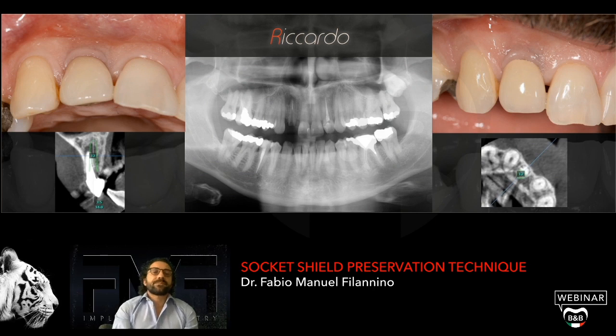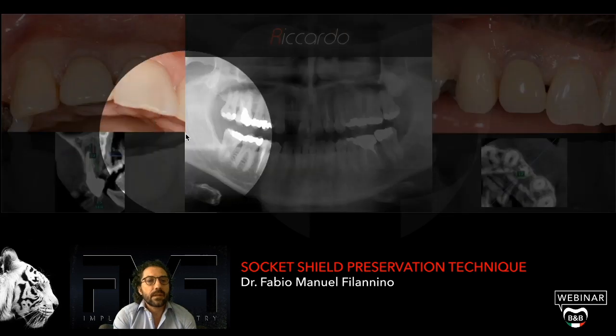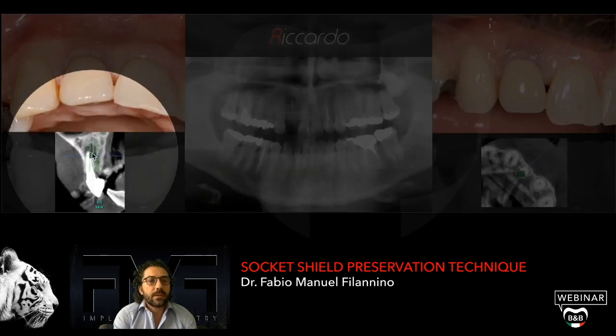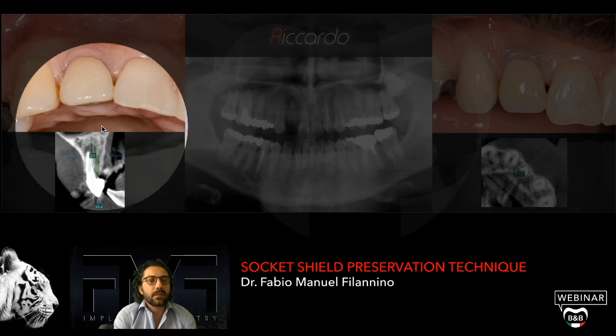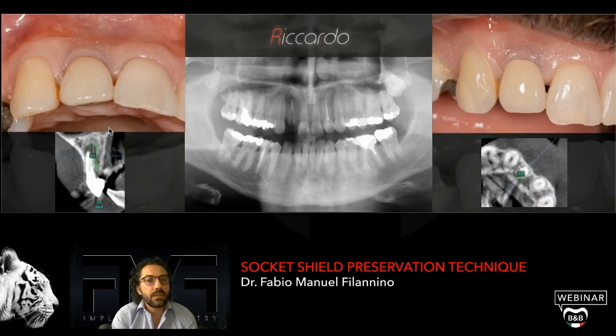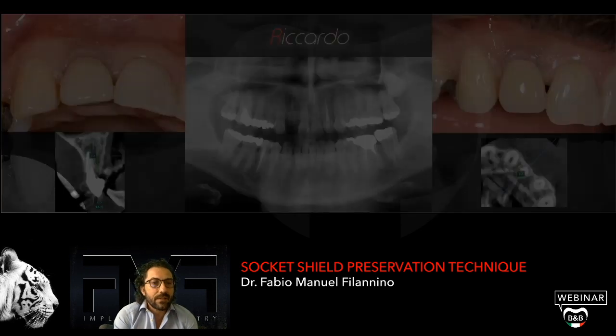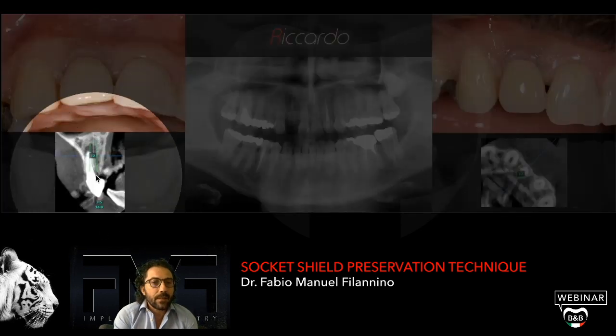The second case I want to show you is Riccardo, and he had a fracture of the lateral incisor with also a periapical lesion. Here we can see that we have the periapical lesion, but still we have bone apical to the root. We have a very thin buccal bone.